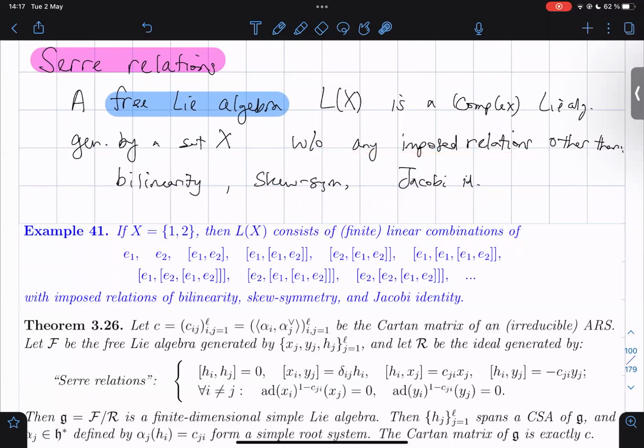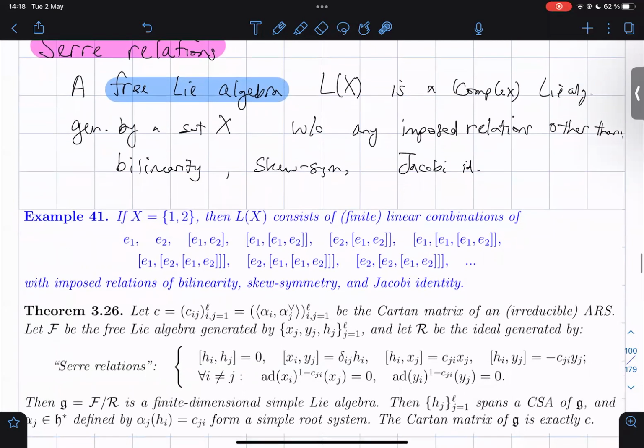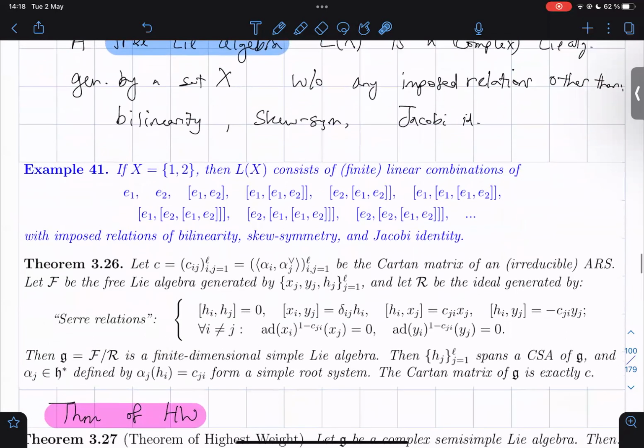I'm saying it slightly loosely here, but this is linearly independent from these. You start taking further brackets, and further brackets, et cetera, there's infinitely many possibilities. But of course, you want a Lie algebra, so you're imposing the minimal amount you need: bilinearity, skew symmetry, and Jacobi identity.